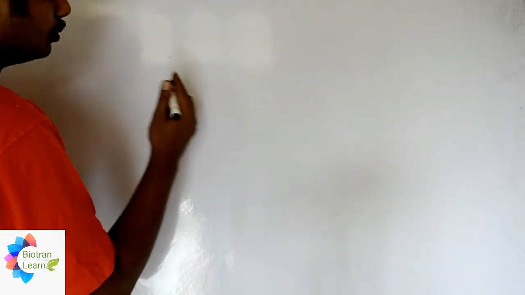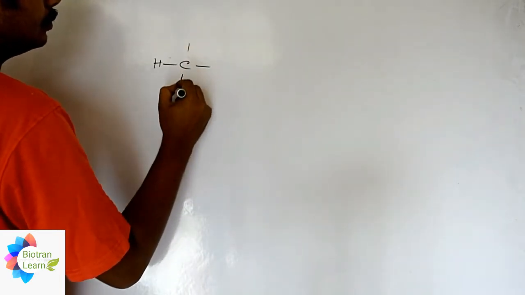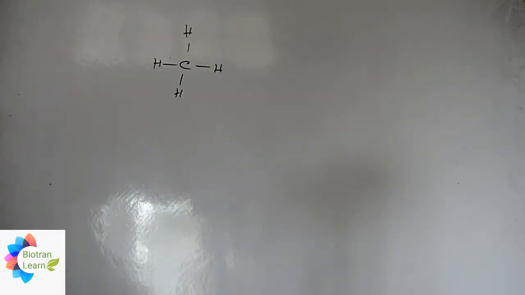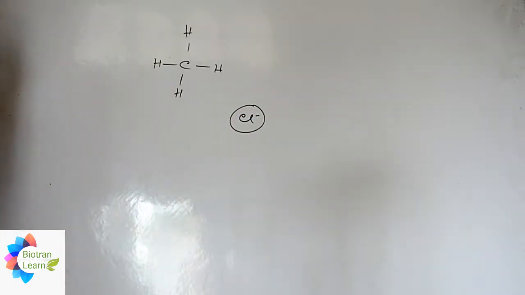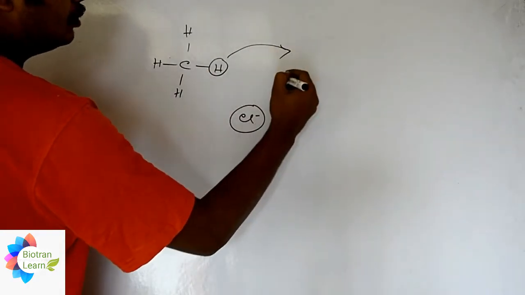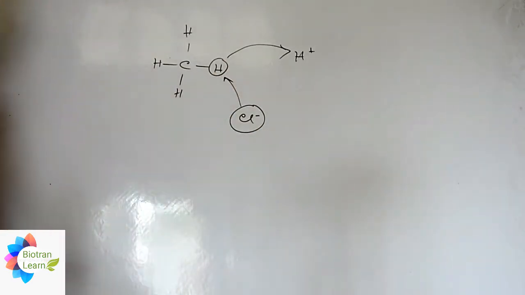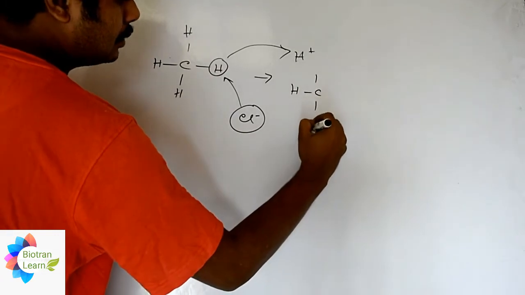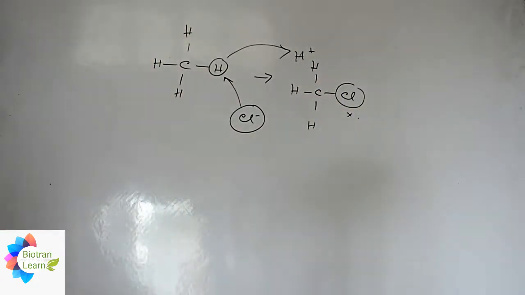In case of, suppose I'm having a methane in here, right? What happens if I'm having a chloride radical in this section, and this hydrogen is removed from here and chlorine enters in this section? It will give the same methane structure with the chlorine or halogen in it, right?